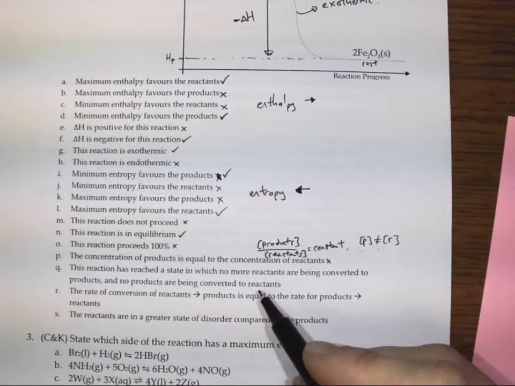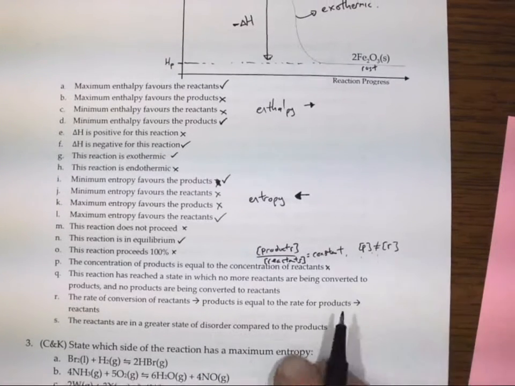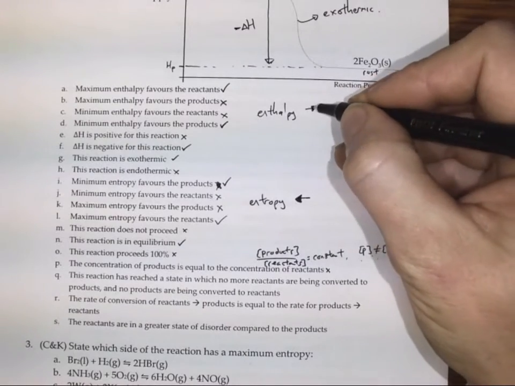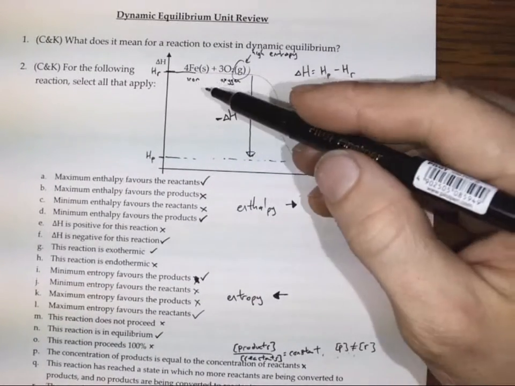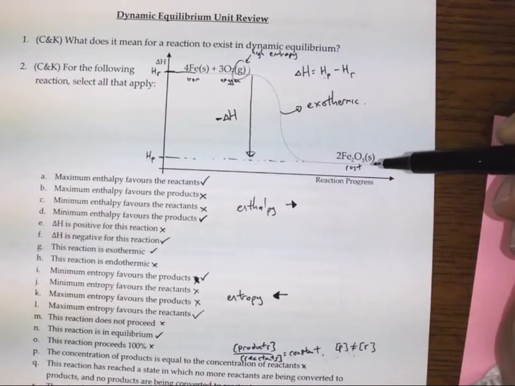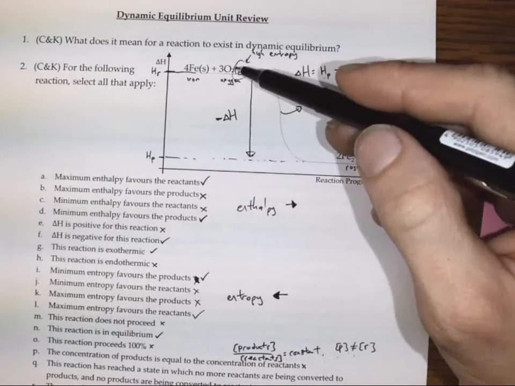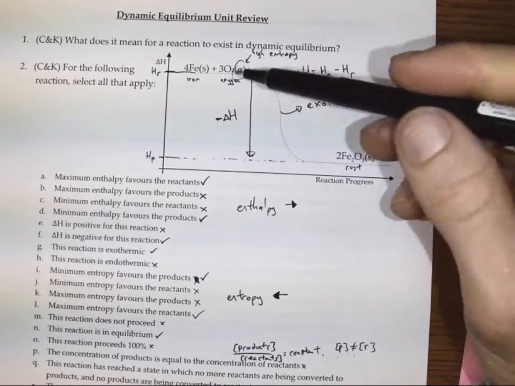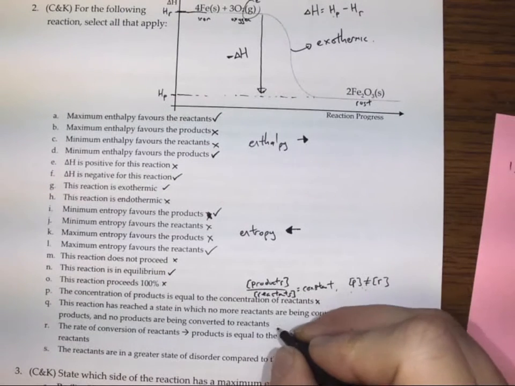Dynamic equilibrium is where reactants are always being turned into products and products are always being turned into reactants, because we have these two fundamental forces pushing in opposite directions. At all times, iron and oxygen are being turned into rust, and some rust molecules, believe it or not, are actually being turned back into iron and oxygen. So this is not true.